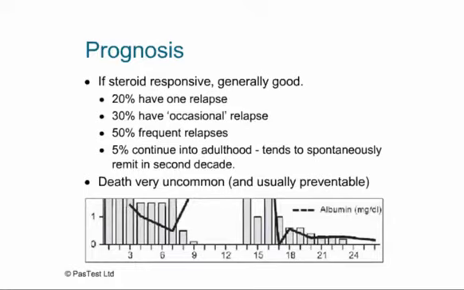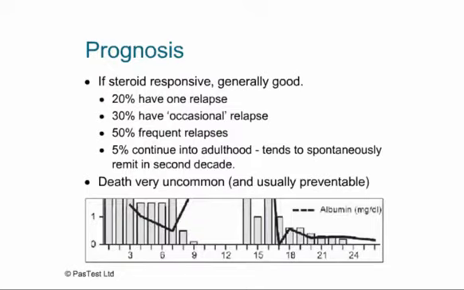What we see is only a small proportion of individuals continuing into adulthood. As I mentioned earlier, this disease does tend to spontaneously remit in adolescence, and so we only see a small proportion going on into adulthood. And of that number, only a small proportion will subsequently go on to end-stage renal failure. And the final point is that death in nephrotic syndrome nowadays is very uncommon and usually preventable.